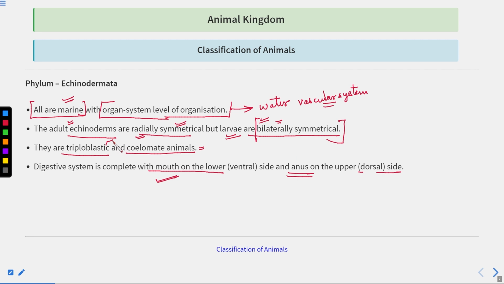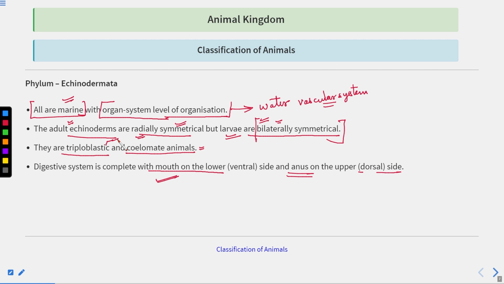Triploblastic. They are triploblastic. Triploblastic means when they are in the developmental stages, the embryo shows the three germinal layers, that is the ectoderm, mesoderm, and endoderm. And coelomate animals, that is the true body cavity that is found in the Echinodermata. The digestive system is complete, having two openings, one is the mouth and another is the anus.